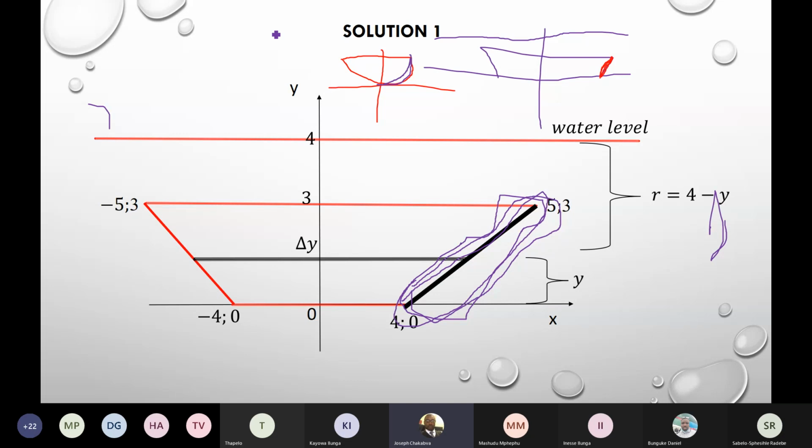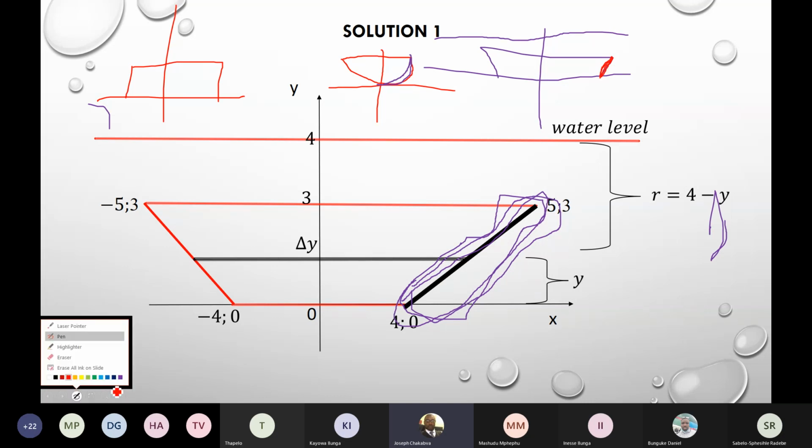If it's a rectangle, let's say this is a rectangle like this, you just need the equation of this side here. We need the equation of this line only.